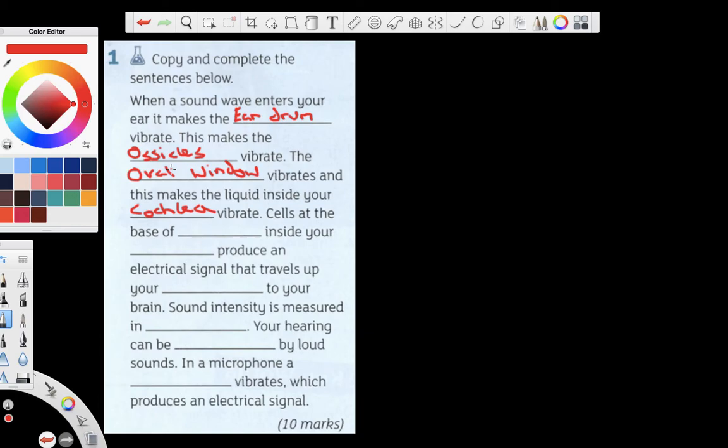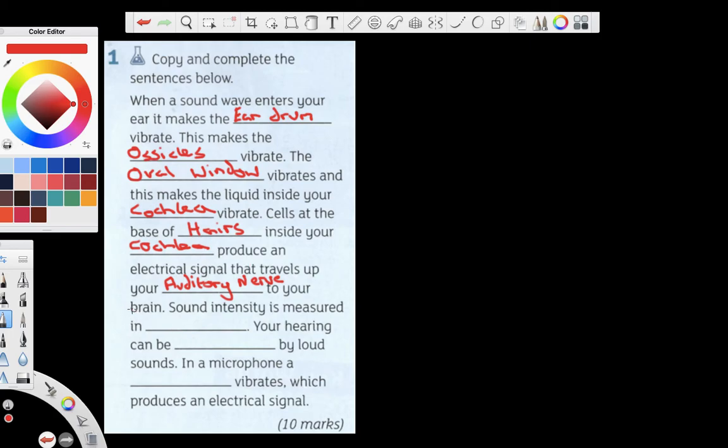Cells at the base of hairs inside your cochlea produce an electrical signal that travels up your auditory nerve to your brain.